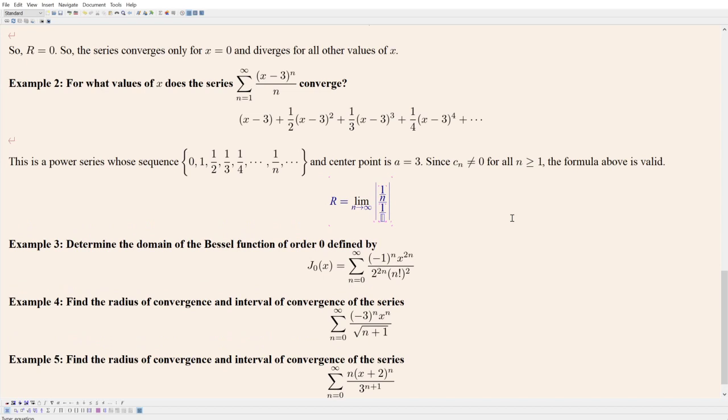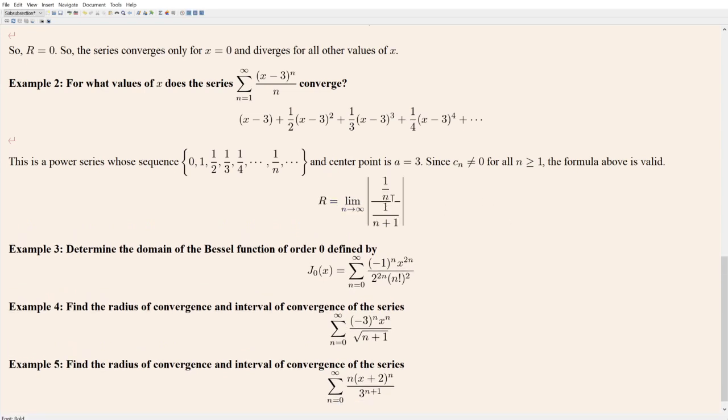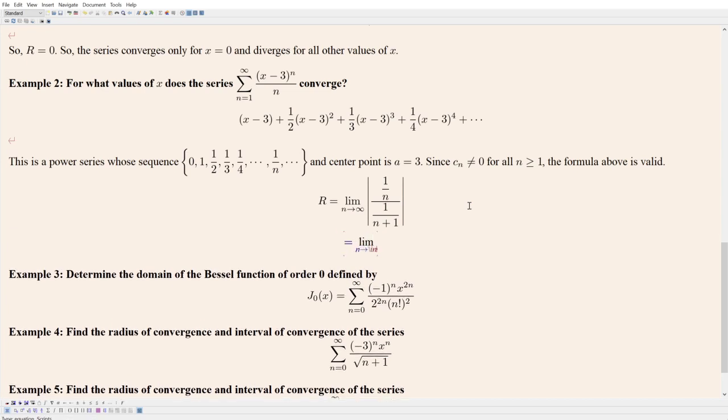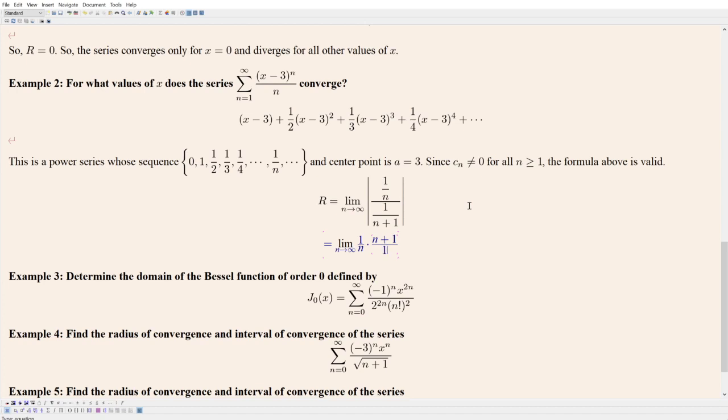The n plus 1th term is going to be 1 over n plus 1. Here everything is positive, so the absolute values don't have anything to do. Dividing fractions is the same as multiplying by reciprocals, like so. So this is just n plus 1 over n. So what is this limit? Well, it's just 1. So the radius of convergence is 1.